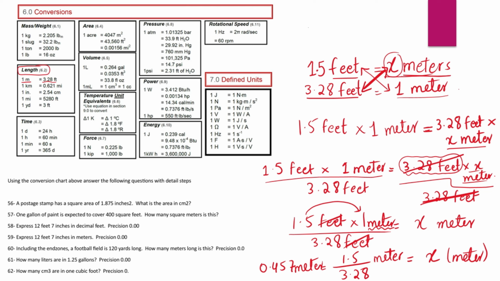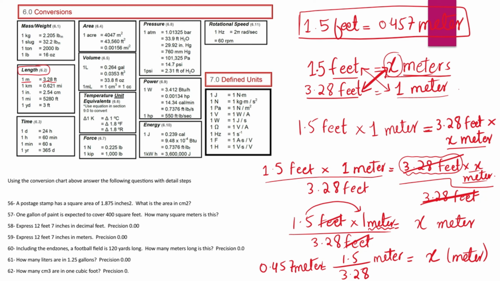I am writing here: in 1.5 feet we have 0.457 meters. Are you getting what I'm saying? So this is your conversion, the converted value. This is how we find the converted values.